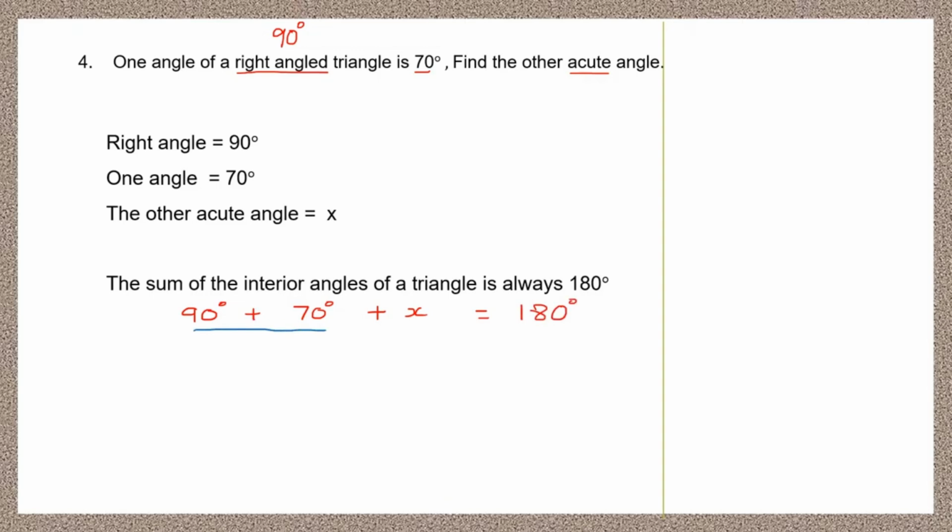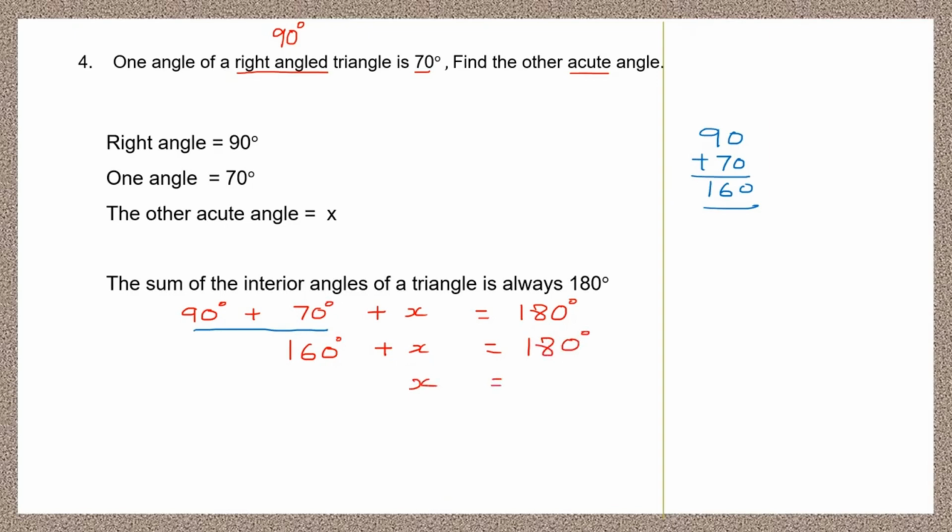Add up 90 and 70. 9 plus 7 is 16. 160 degrees. So 160 degrees plus x equals 180 degrees.